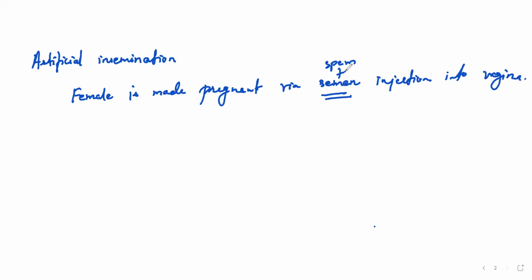Before the insertion, it is made sure that all the pregnancy hormones required for the female are already introduced so that she can go forward with that particular pregnancy. So this is one method by which pregnancy can be achieved, that is artificial insemination.